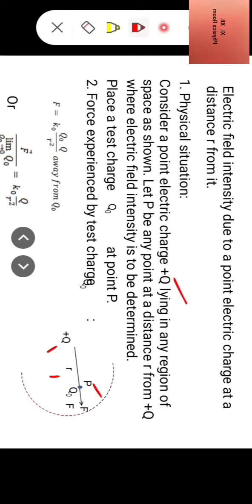Place a test charge q naught at point P. Now the force experienced by the test charge is F equal to K naught Q naught Q by R square, away from Q, because plus Q is the original charge and Q naught is also plus, therefore the force will be repulsive. The direction will be away from Q.